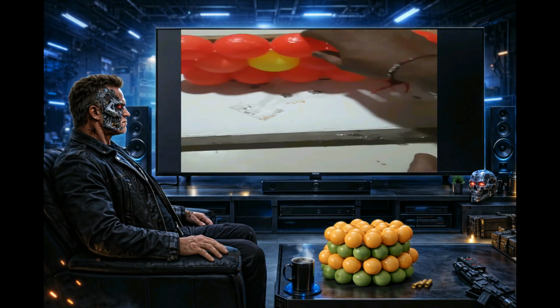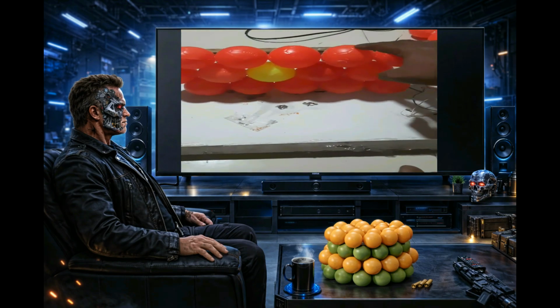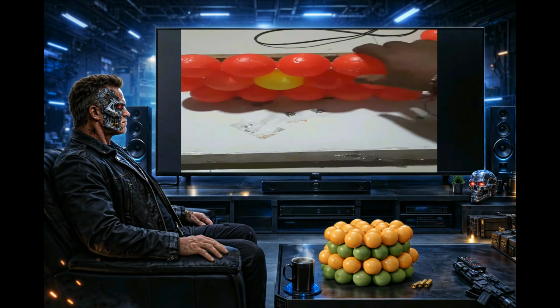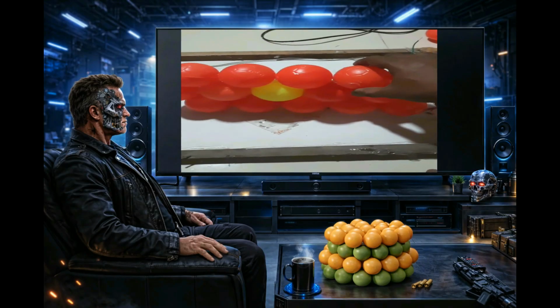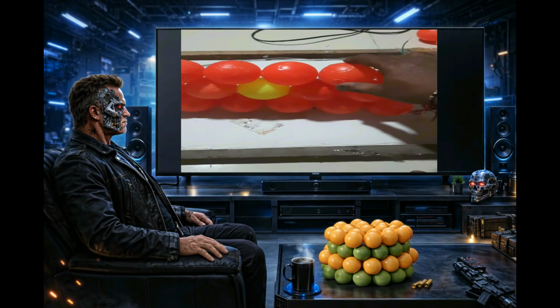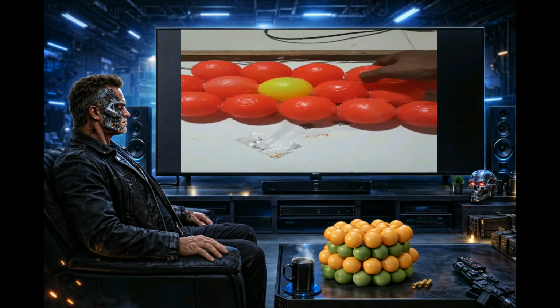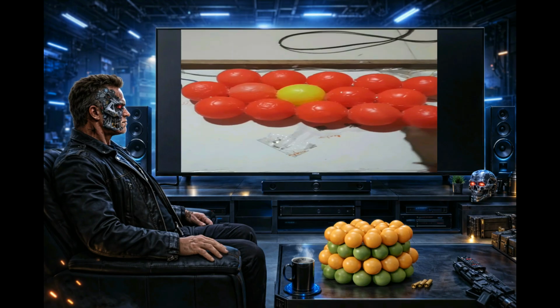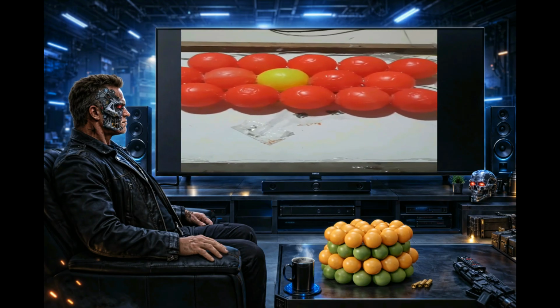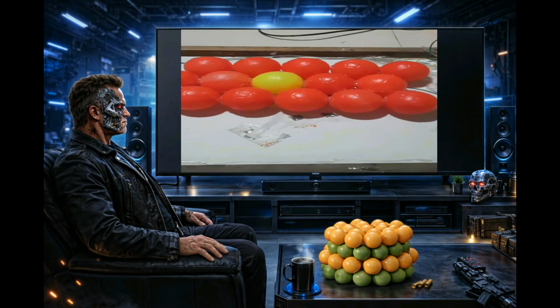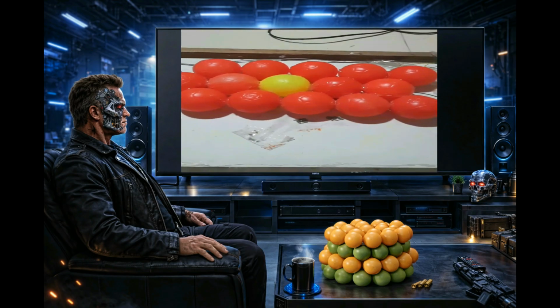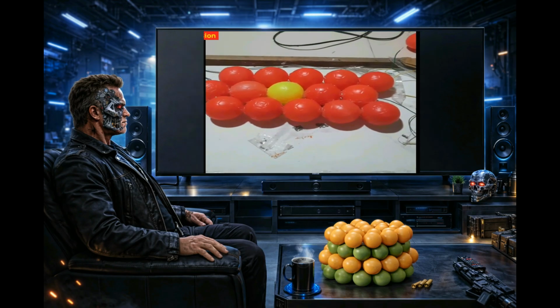Now if I place like this, this is the hexagonal close packing in 2 dimensions. Now what I will do, I will take this HCP, hexagonal close packing structure, and I will place it horizontally. Now this is the first layer of HCP in 3 dimensions.